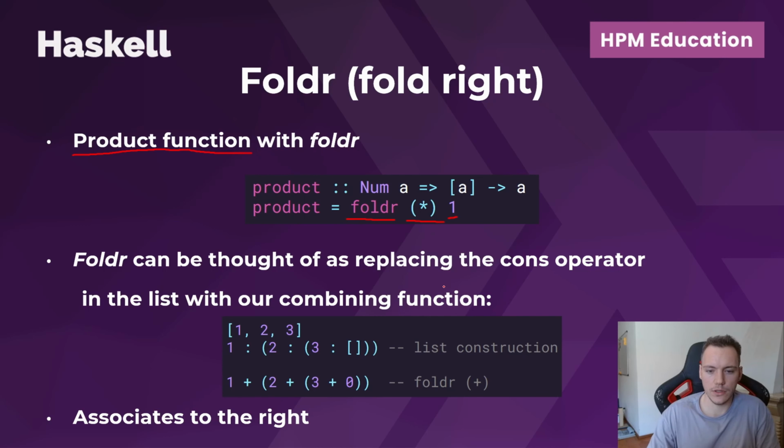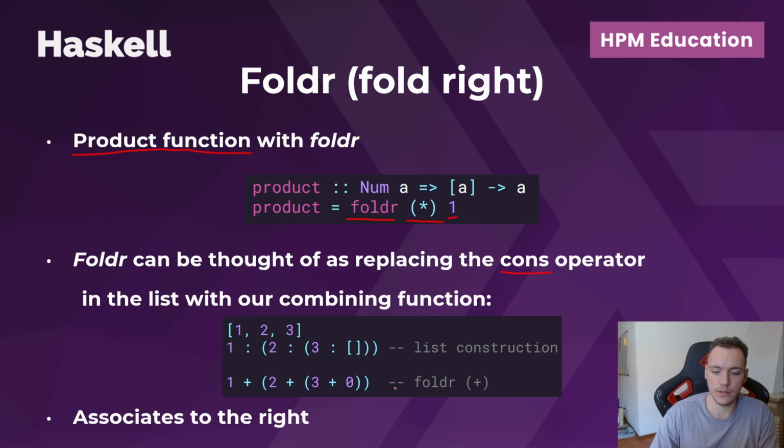Okay, so we can actually think of foldr, or folding in general, as a replacement for the cons operator with lists, right? We replace the cons operator with a combining function. So if we have a list of 1, 2, 3, then if we rewrite it using cons, it's 1 cons 2 cons 3 cons the empty list, right?